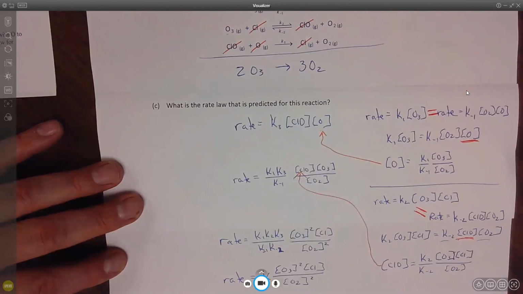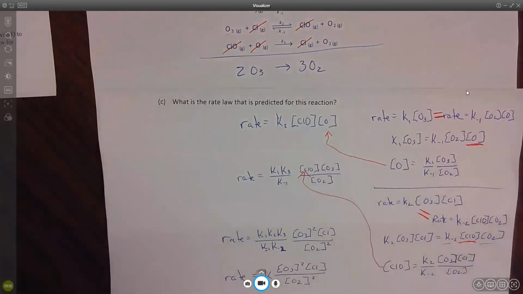Eugenie, what do you think? I am not sure. Caitlin, what do you think? Is it okay that it contains chlorine? Yes, because chlorine's a catalyst. Absolutely, right?